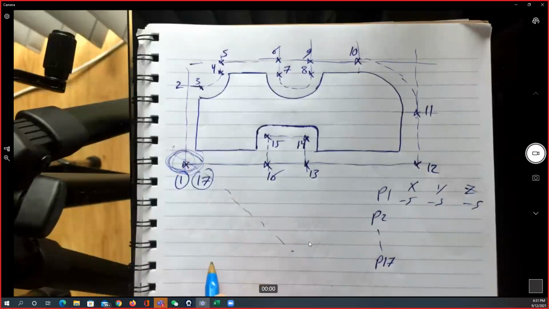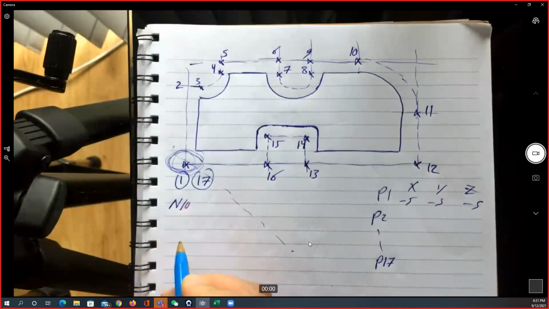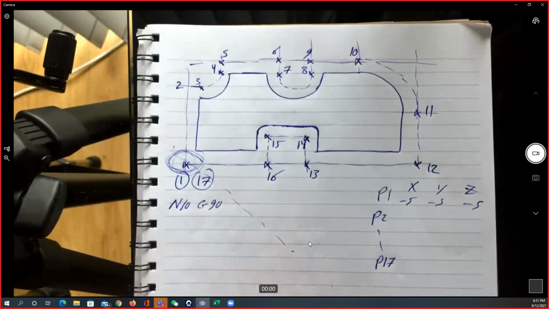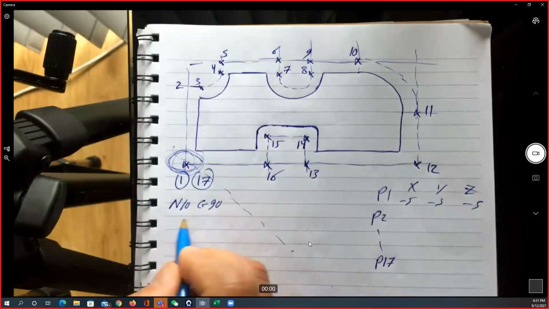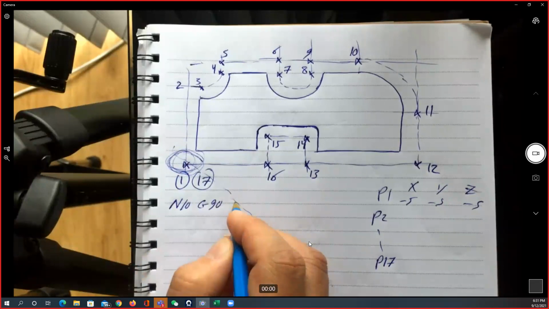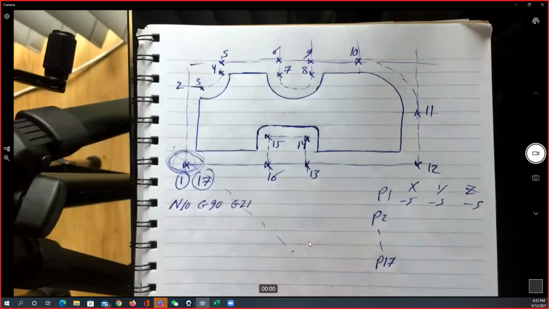So my first line is going to be N10, and I'll write down in the N10 G90. I need to define that I'm using the absolute coordinates. So I'll write down here G90, and I can write down after that immediately the G21. That means I'm using the millimeters.